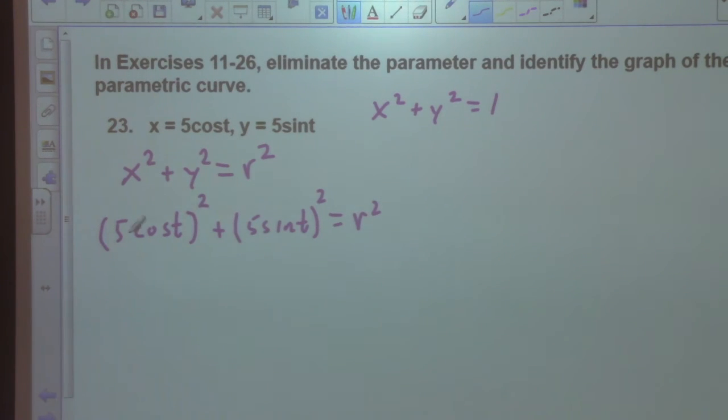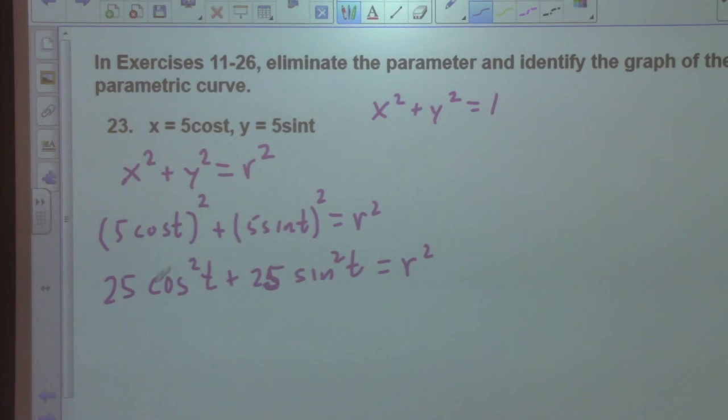Okay, what happens when we square things out here? 5 squared is 25, so you have 25 cosine squared t plus 25 sine squared t. And on the right we have r squared. We're going to end up solving for r soon.